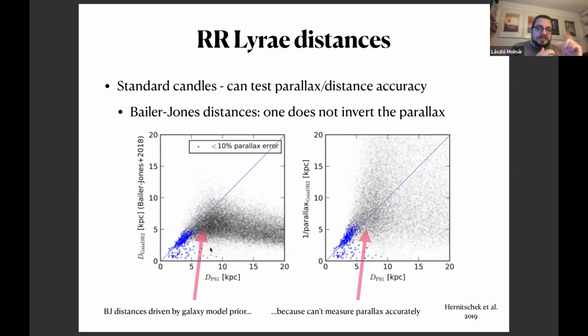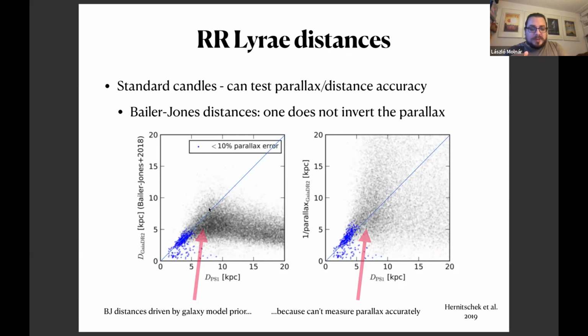Now, the downside of this technique is that if you just naively took these distances, if your star is too far out, you're basically only seeing where most stars in the model are. And this is what is shown here on the left plot. So for about 5 to 8 kiloparsec, the distances from Pan-STARRS and the Bailer-Jones catalog line up.